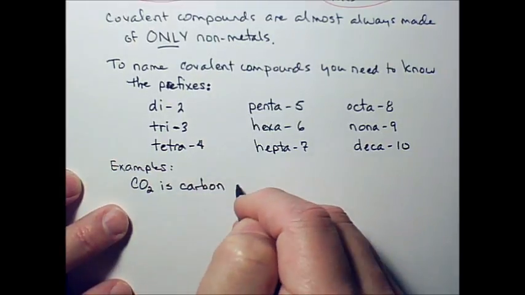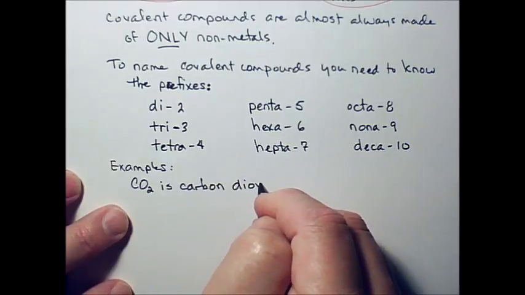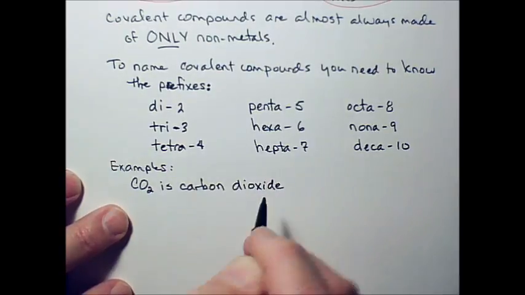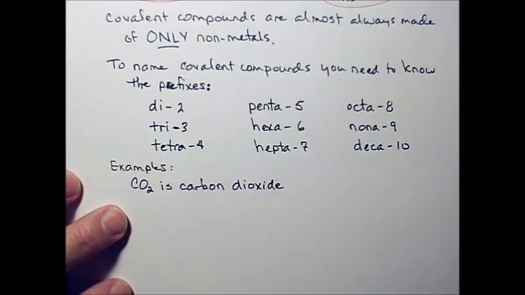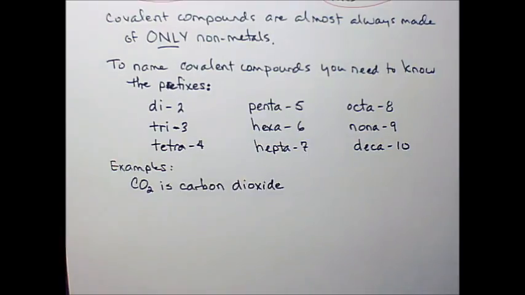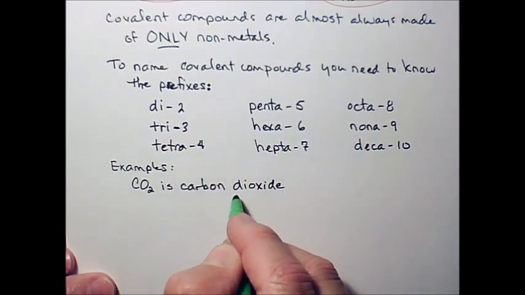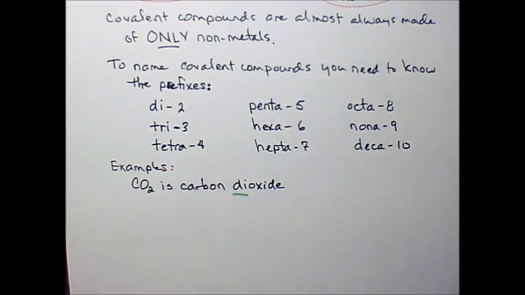So CO2 is carbon dioxide. Prefix di, meaning two oxygens.